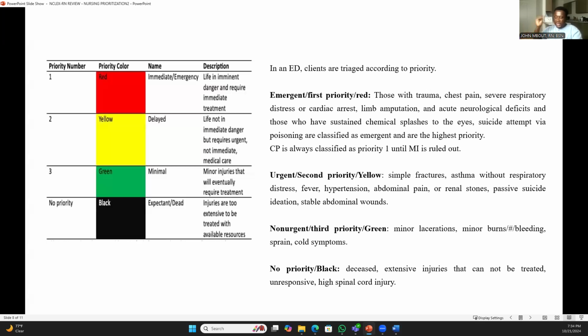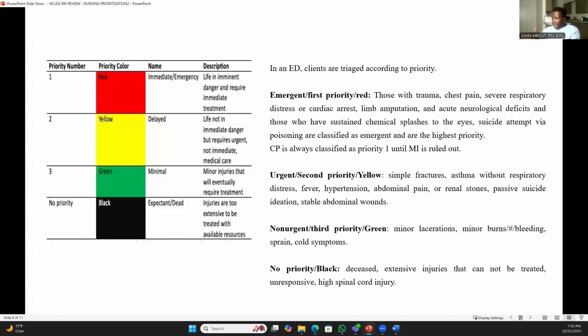When you read a question, pay attention. If the patient is asthmatic and is in asthmatic exacerbation, that is a respiratory distress, it goes up to the red zone, priority number one. You attend to this patient first. Fever is never an emergent problem. It's an urgent problem, but not an emergent problem.